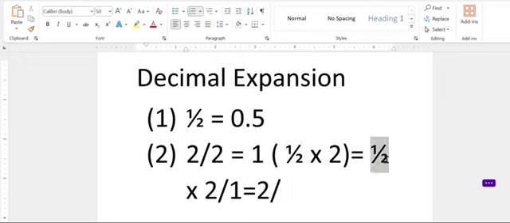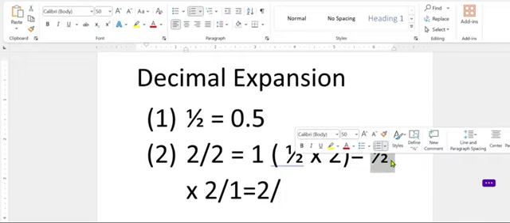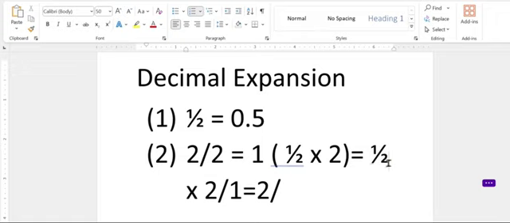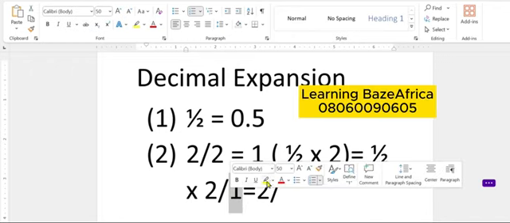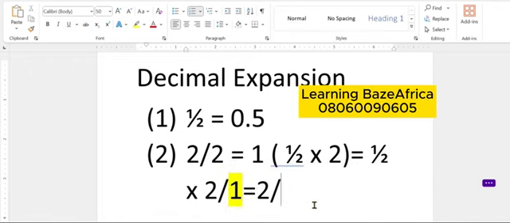The denominator here is 2. Okay? When you multiply it by the denominator here, the denominator here is 1. So multiply 2 by 1, it will also give you 2. And 2 divided by 2 is equal to 1.